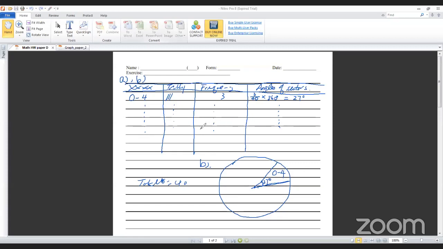Then you continue in this way. After you have found the angles, the next one will be 5 to 9. And then you mark the angles after you have found them, like that. Understand this part? For 15, you can write your answer in this way. Right.